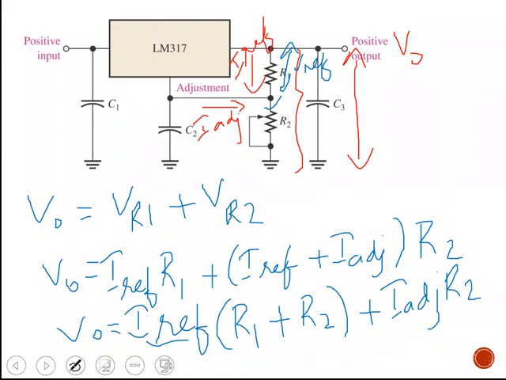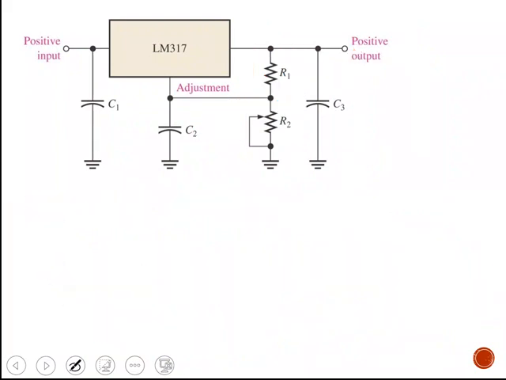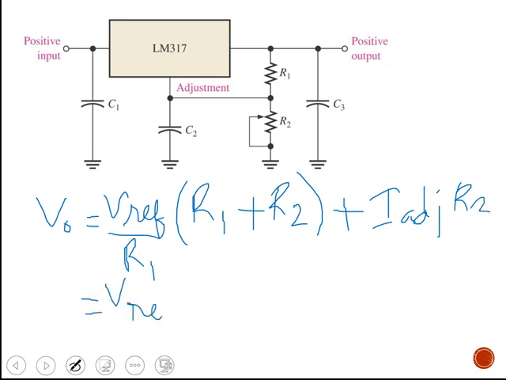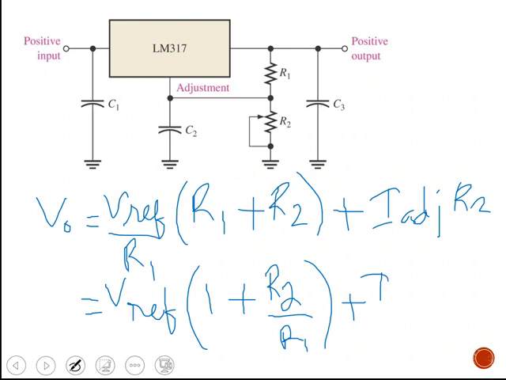So we can rewrite it as V0 is equal to V reference by R1 into R1 plus R2, plus I adjust into R2. This can be rewritten as V reference into 1 plus R2 by R1, plus I adjust into R2.